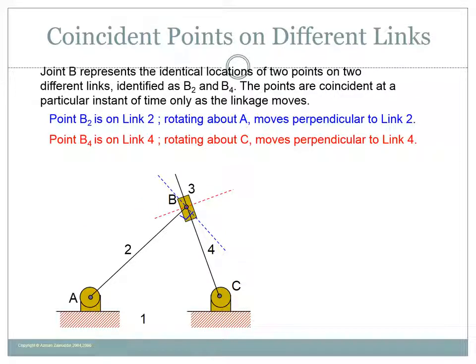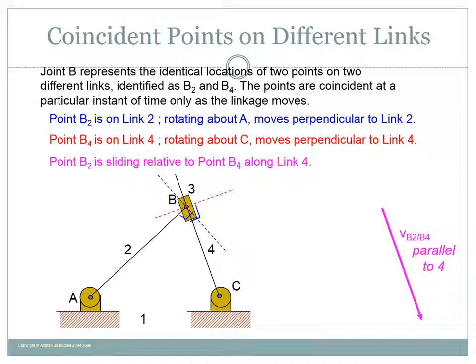So we have another 90 degrees here, right? Then point B2 is also sliding relative to point B4 along link 4. So that means we go along the line here, down the line here. So VB2/B4 is parallel to link 4.